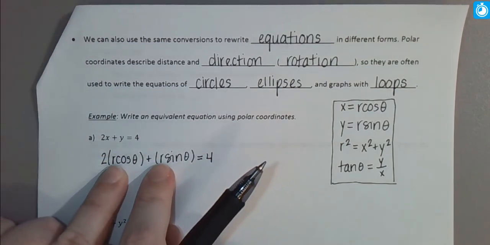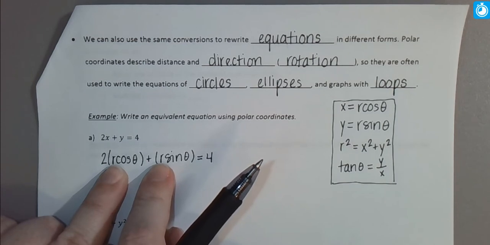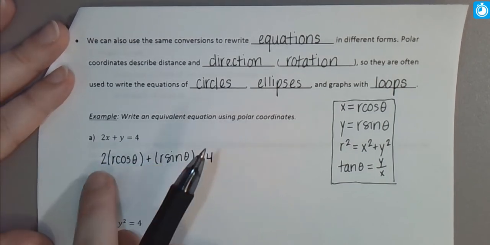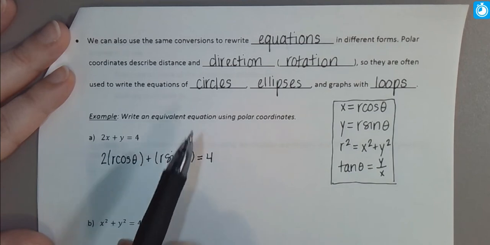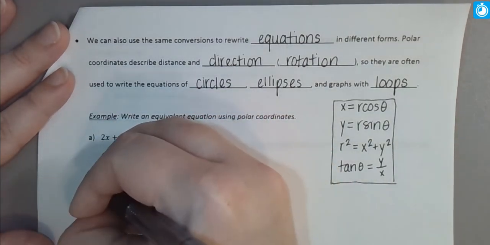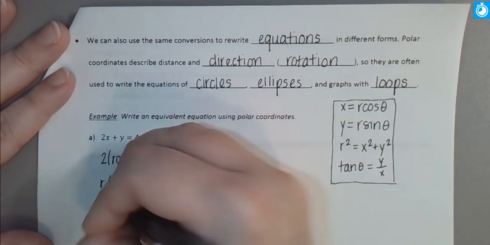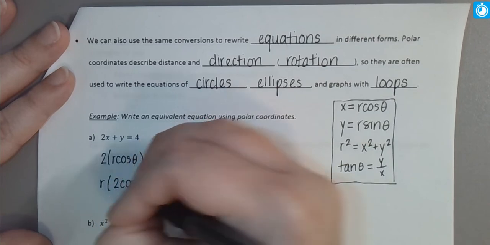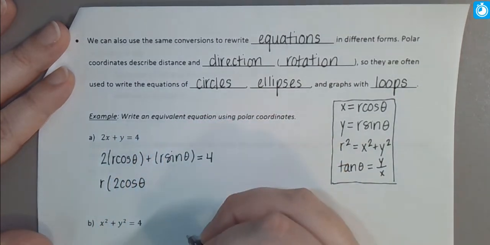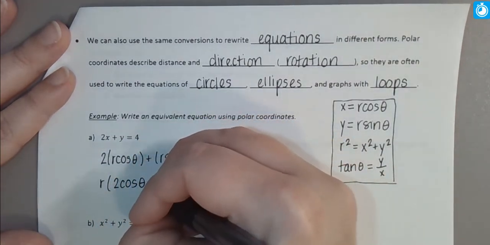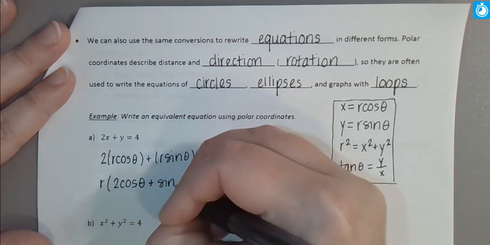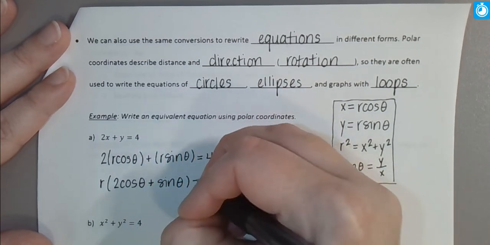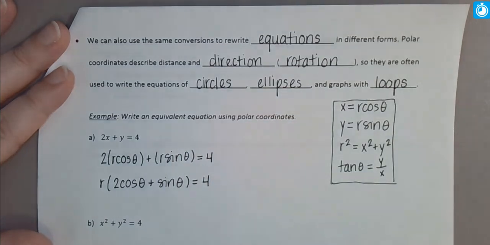At this moment, I have 2 r's. Both of these terms have an r, which means r could be considered a common factor. If I factor it out, I can take 2 r's and make it look like 1 r. That gives me 2 times the cosine of theta plus the sine of theta, equal to 4.